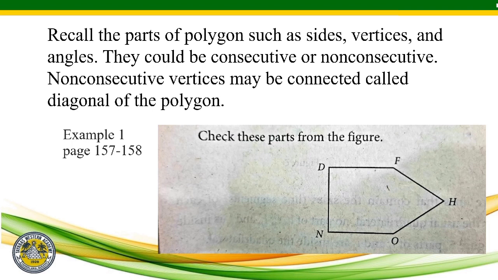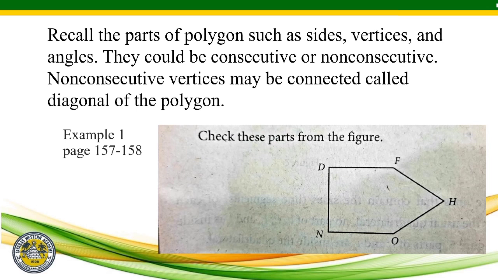Consecutive vertices are point D and point F. Non-consecutive vertices are point D and point H. Consecutive angles are angle D and angle F, and non-consecutive angles are angle D and angle H. The diagonal is line segment DO. These are some of the answers when finding the consecutive sides, non-consecutive sides, consecutive vertices, non-consecutive vertices, consecutive angles, non-consecutive angles, and diagonal.